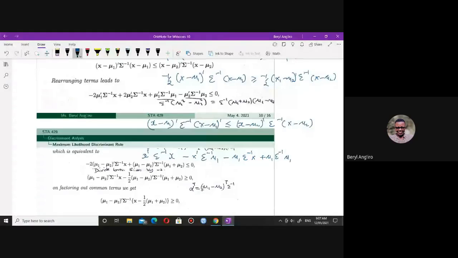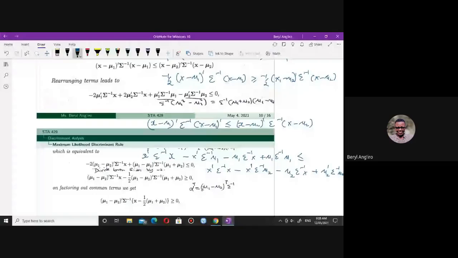Now this is less or equal to the other side, which is again x transpose sigma inverse x, minus x transpose sigma inverse mu2, minus mu2 transpose sigma inverse x, plus mu2 transpose sigma inverse mu2.